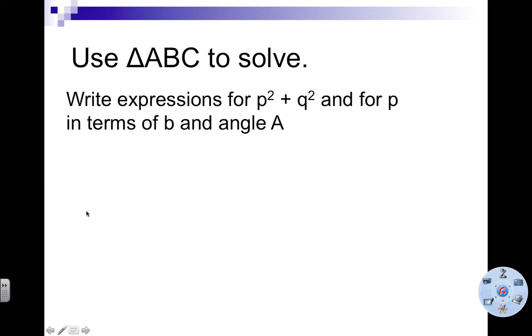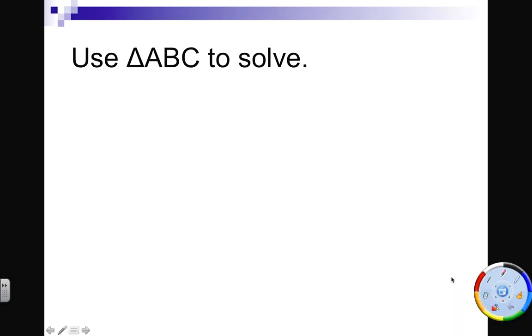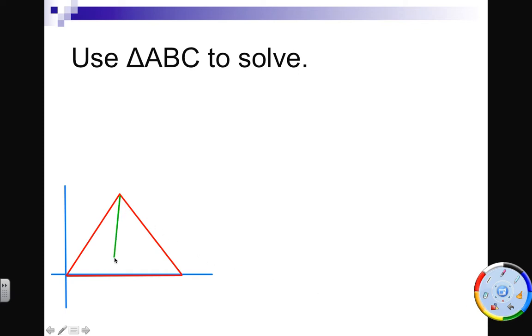So we're going to start with an XY axis basically, and we are going to draw a triangle, like so. We're also going to draw a height in here.